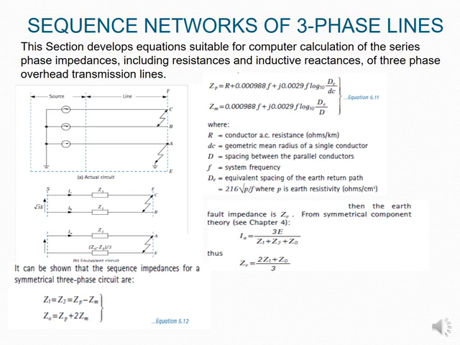Then I can work out what my IA for that system would be, and thus I can work out what my ZE for the system will then be. Similarly, my IB would equal negative IC, which I can see as that formula in B.